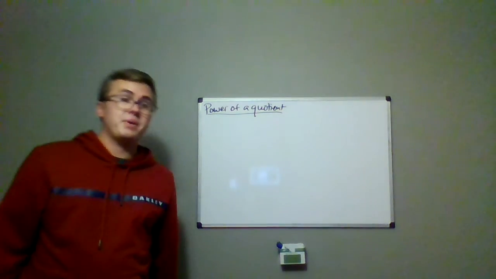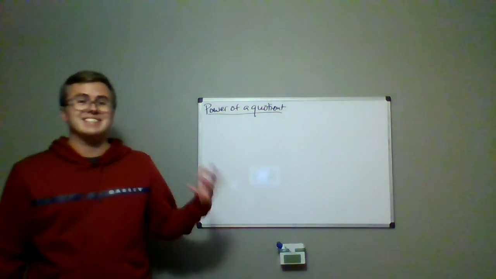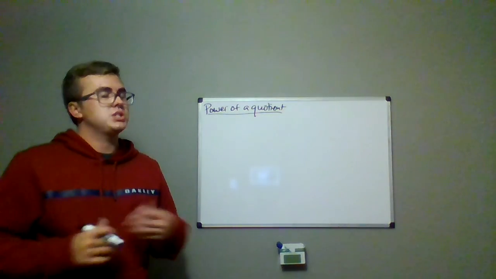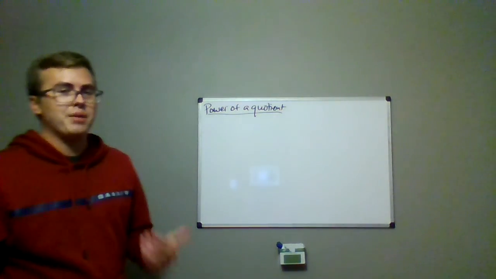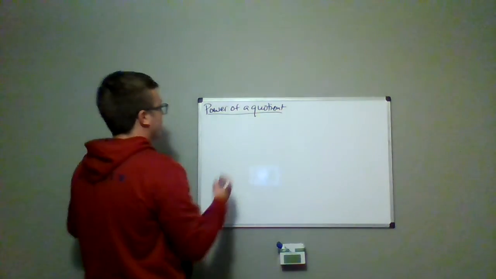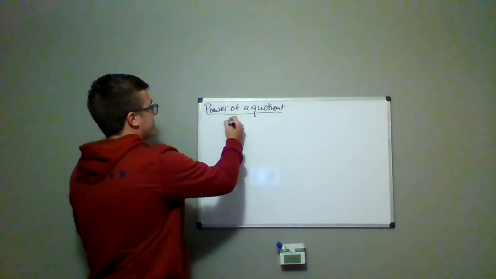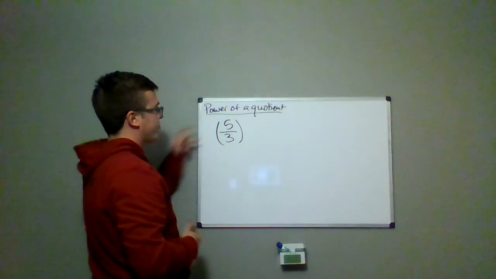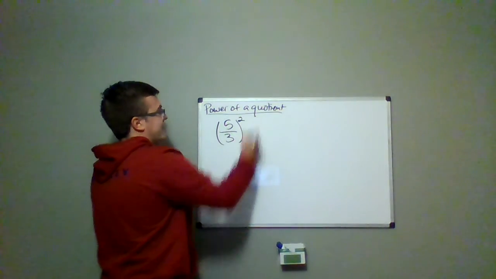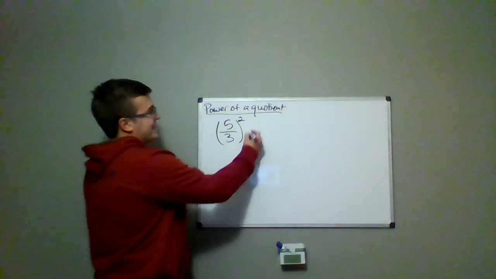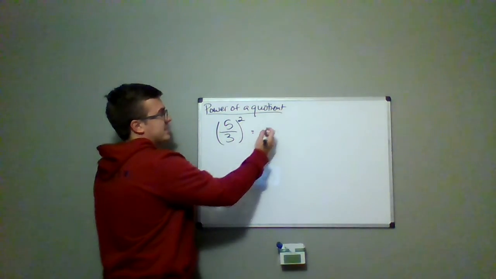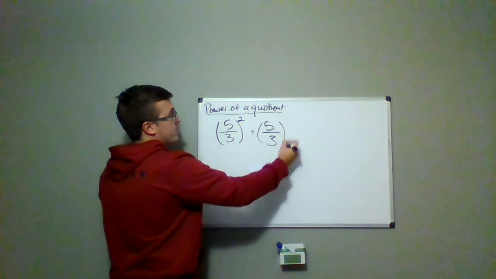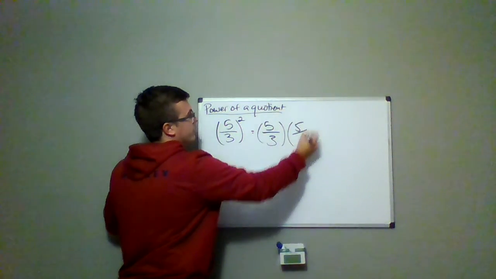All right, I bet you can probably guess what this last one is going to be about. It's power of a quotient, super similar to power of a product. If I have something along the lines of 5 over 3, and that fraction is being raised to the second power, what that's saying is that whole chunk is being raised to the second power, so I have 5 over 3 times 5 over 3.